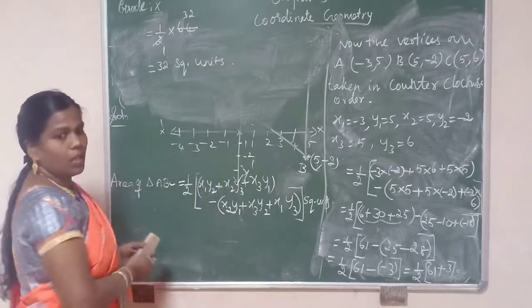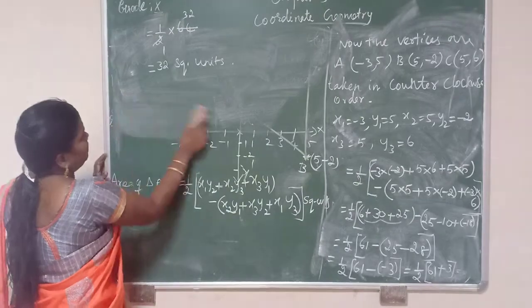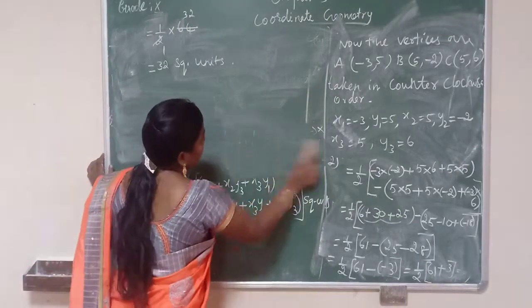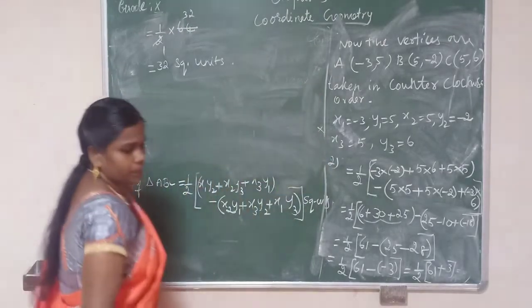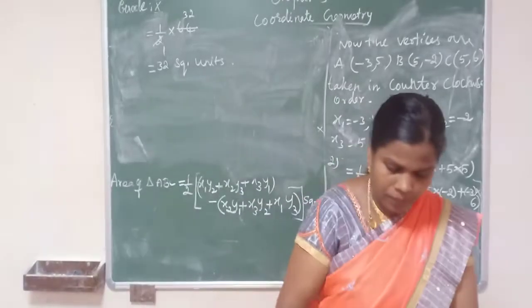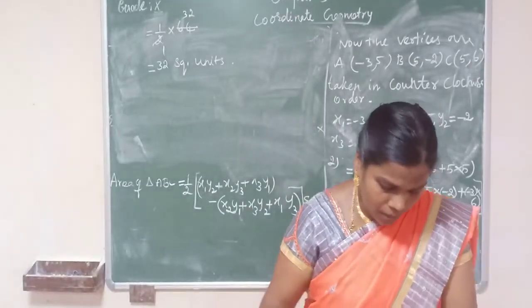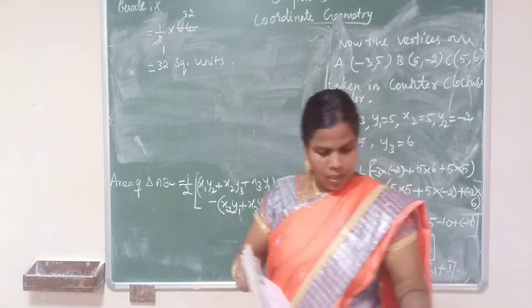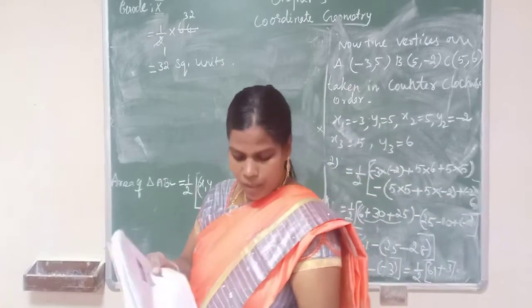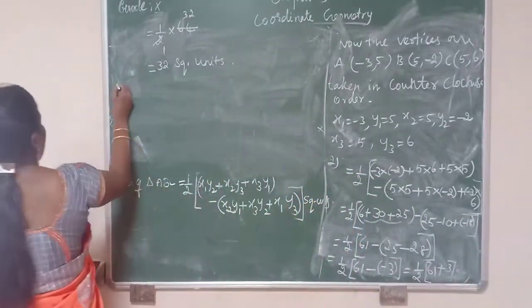Square units. So we have one homework question. The same way you can do it easily. Note the homework question. It is page number 208, exercise 5.1, first question.